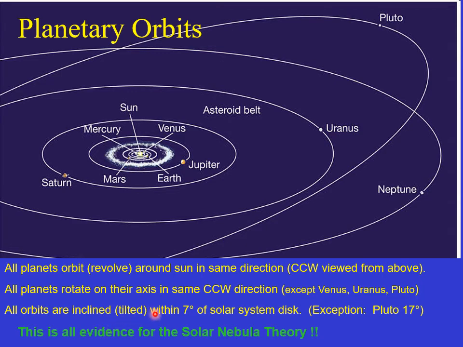So all of them have very little tilt in reference to the solar system's disk. This is another indication that the planets formed from a flat disk. And remember, that's one of the key steps of the solar nebula theory, the formation of that flat disk. So these are all pieces of evidence that support the solar nebula theory.